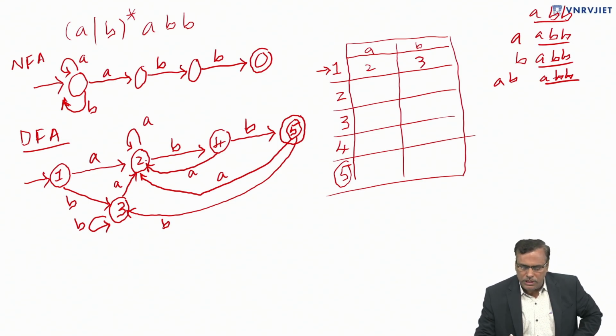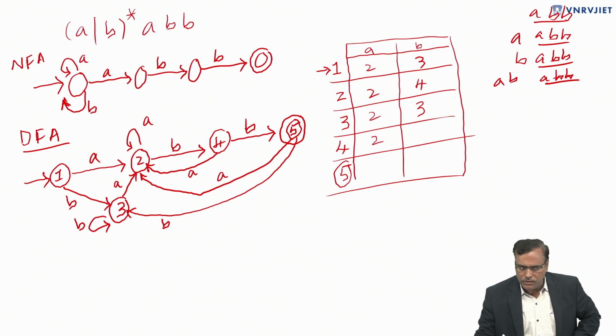From state 2 on input symbol A, you are going to state 2 itself. From state 2 on input symbol B, you are going to state 4. From state 3 on input symbol A, you are going to state 2. From state 3 on input symbol B, you are going to state 3 itself. From state 4 on input A, you are going to state 2.